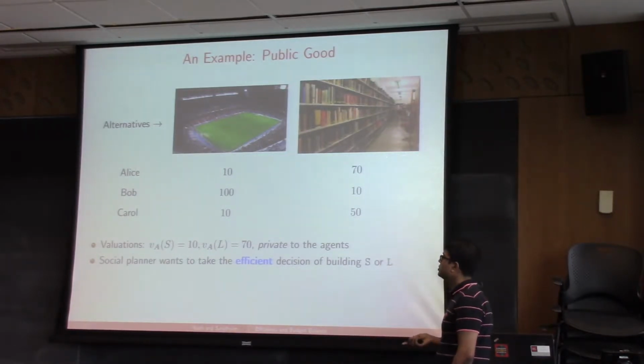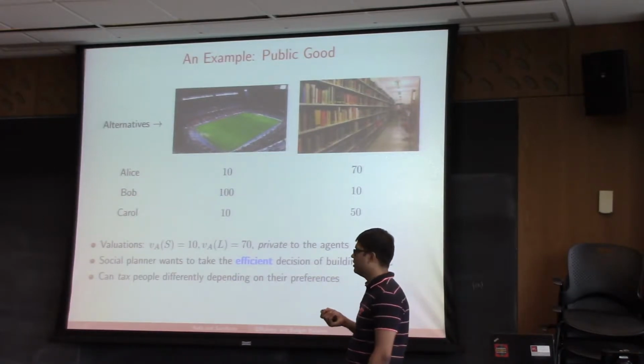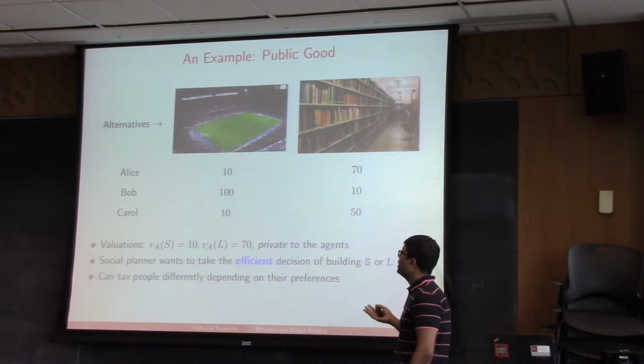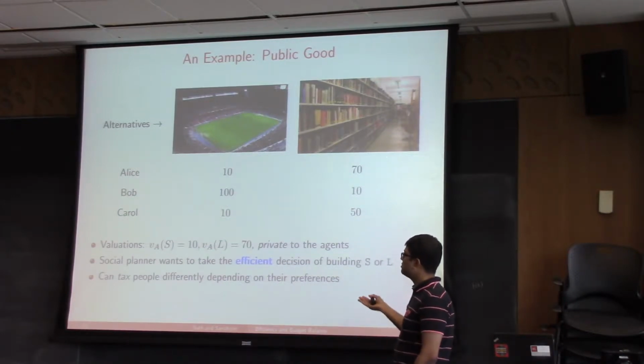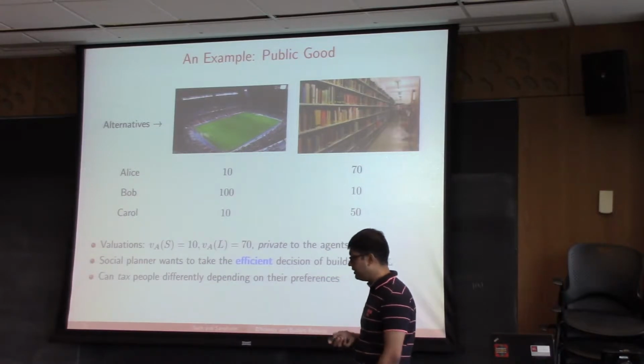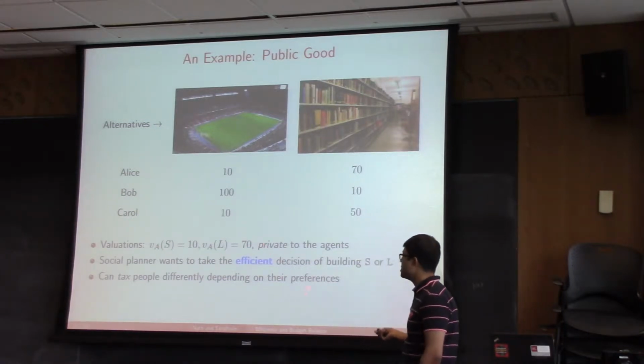But suppose we could actually tax people. Now what we can do is take a decision, possibly the efficient decision, and also ask people to pay a certain amount of money. Then it turns out that a lot of things will start happening.